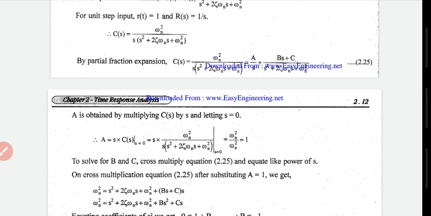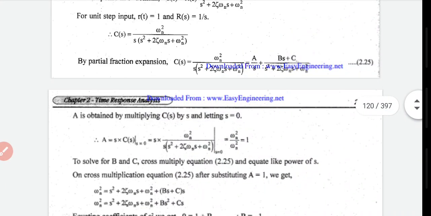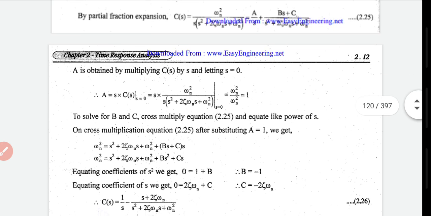Okay, now equating S square powers and S powers. What are the S square powers you have here? First of all, multiply these values. S square plus 2 zeta omega n S plus omega n square, plus BS into S, what is the value? BS square, plus C into S is equal to omega n square.